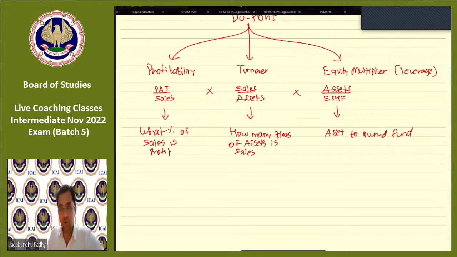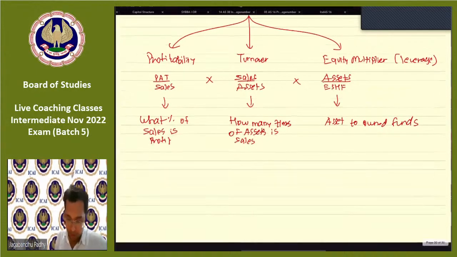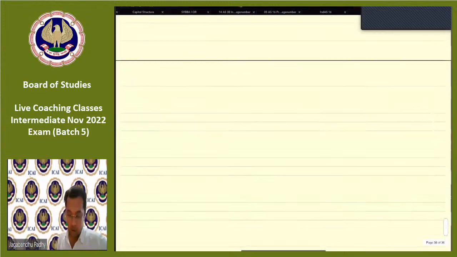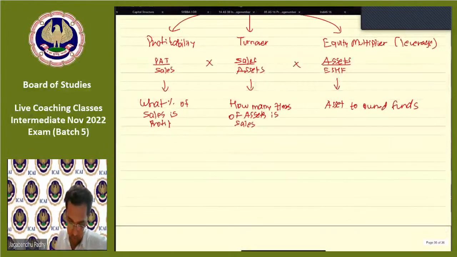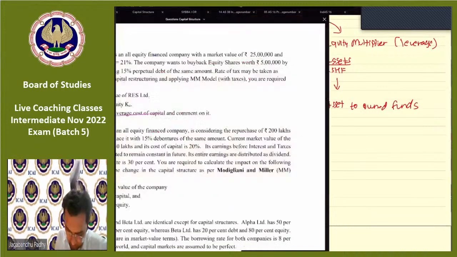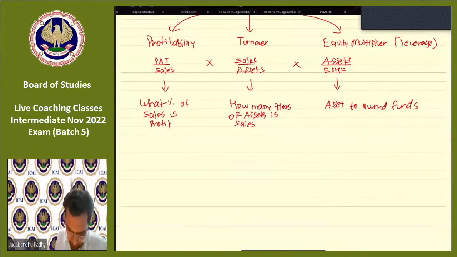Okay, let me help you grasp this better with the help of some numbers. Let's say, with regard to profitability margin, we have sales of 10 lakh, and on that we are able to generate a profit after tax of, let's say, just 20,000.